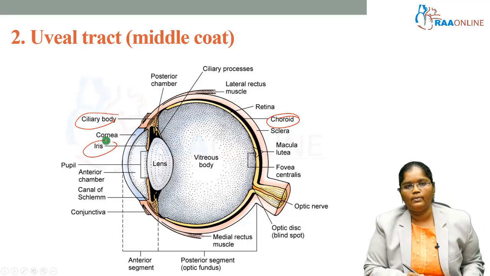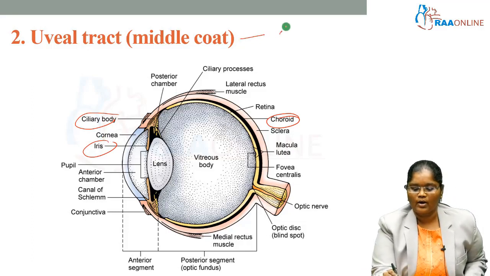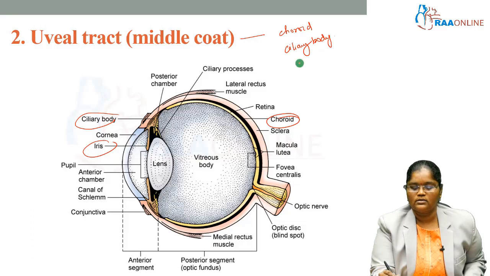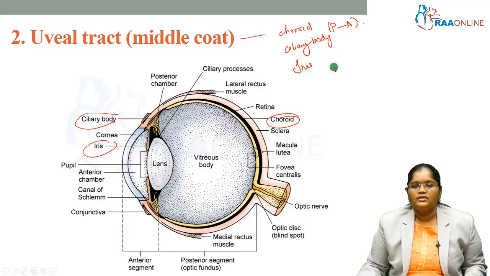So these are the 3 parts forming the uveal tract. From posterior to anterior, first is choroid, next ciliary body, and the third one is iris. This is posterior to anterior. So let's see one by one.